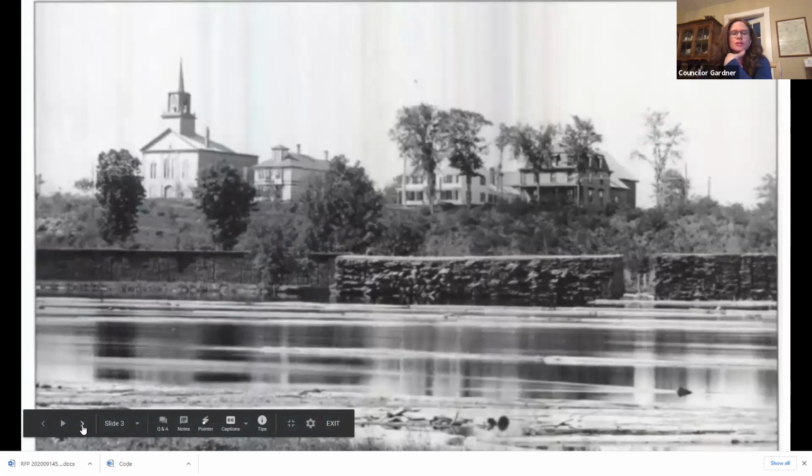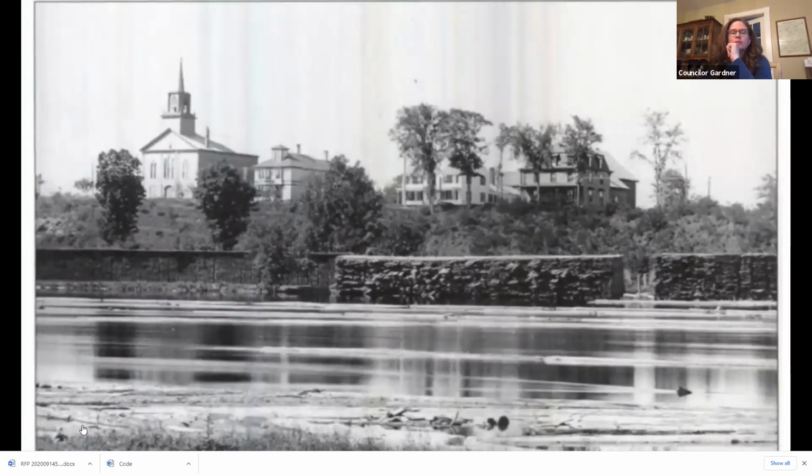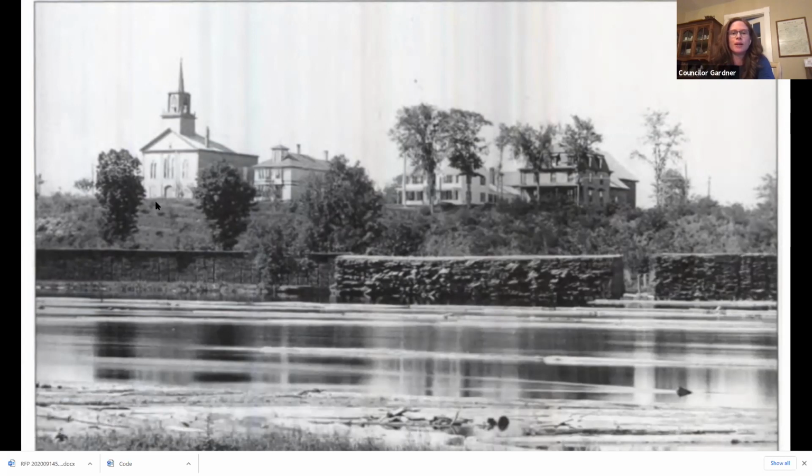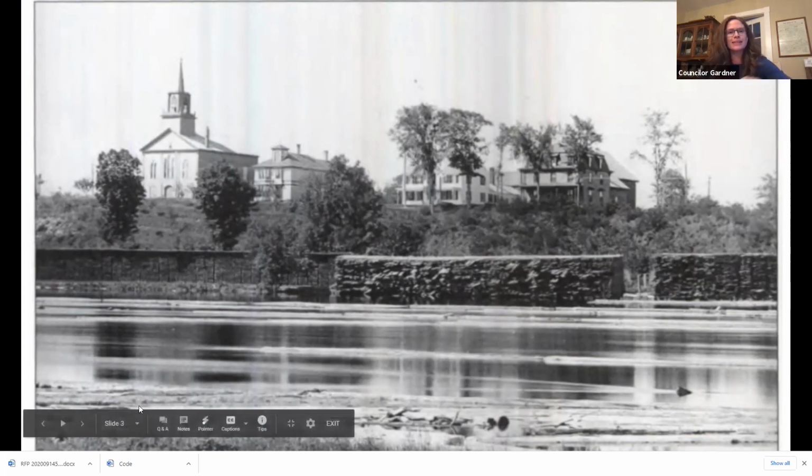I think it's just cool to take a look at this. This is after its remodel post Civil War, and you can notice that it is the tall building that we see today. This is just a side effect of the whole lumber industry, but we had like no trees anywhere. Anyway, that has nothing to do with the building. I'm just a nerd. Okay, so back to the building.